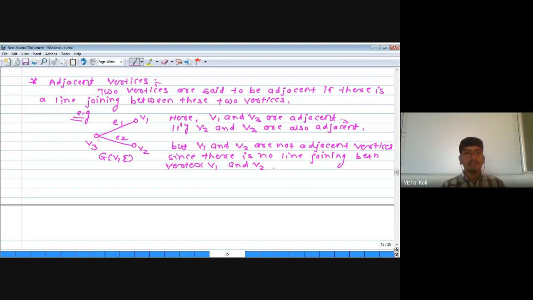Therefore, in this given graph G, vertex V1, V3 and vertex V2, V3 are adjacent vertices, but vertex V1 and V2 are not adjacent. Okay, any doubt?